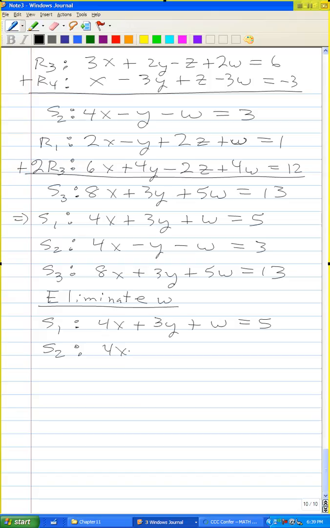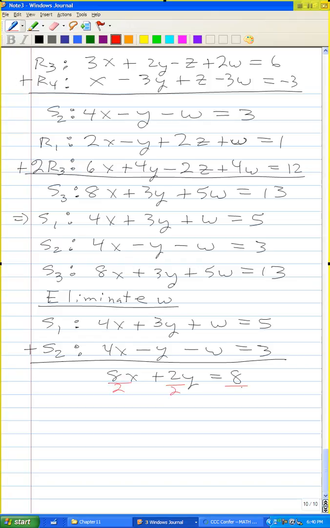S2, 4x minus y minus w is 3. So let's add these. So I get 8x plus 2y equals 8. Let's divide everything by 2. And so I get 4x plus y equals 4. Let's call this T1.